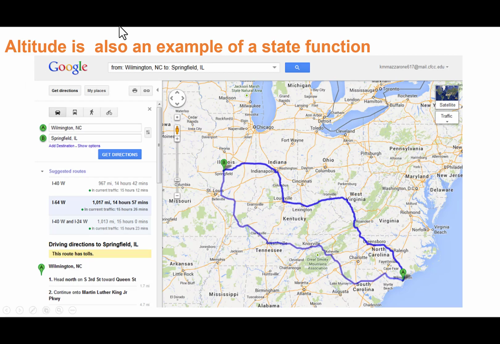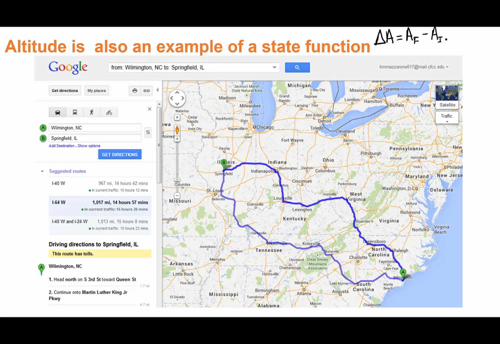We denote change with this triangle symbol, so that triangle says change. If I want to look at my change in altitude, I take the altitude of my final destination minus the altitude of my initial destination. So change in anything is always, always, always final minus initial.